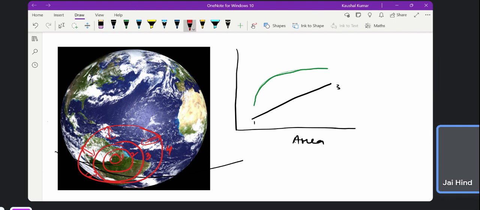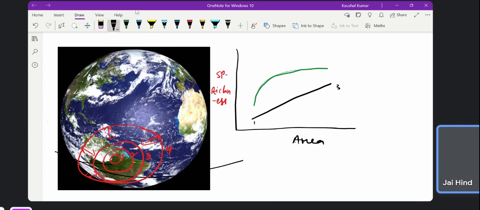So this will be area, and this will be your species richness on the y-axis. For the first, from 1 to 3, you found the graph like this, a straight line.